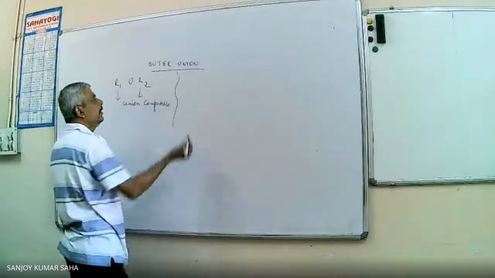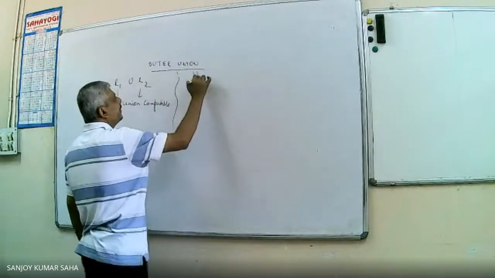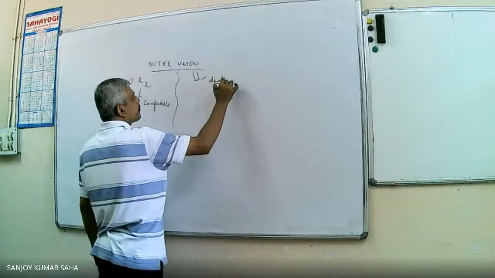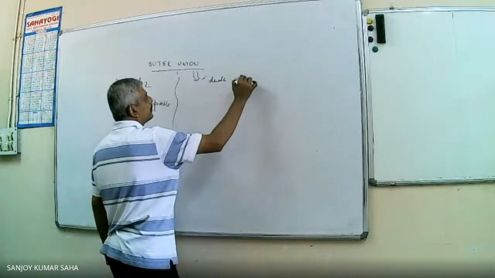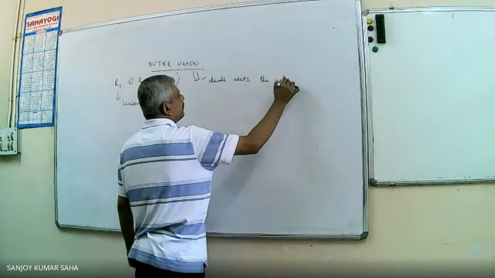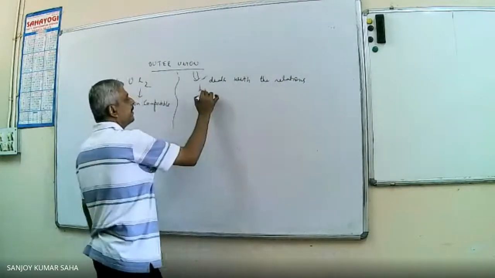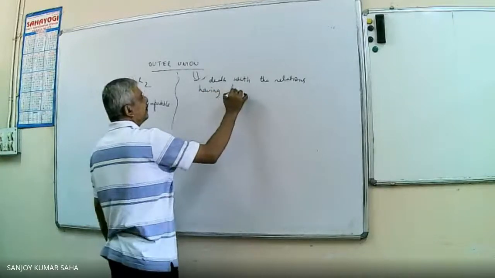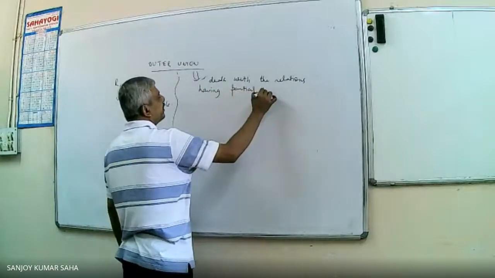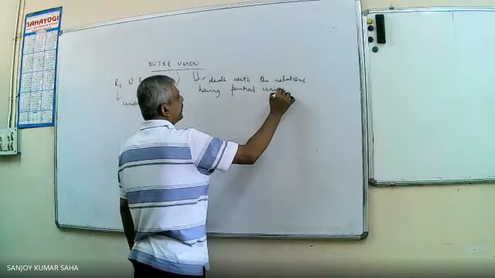Now, outer union deals with the relations having partial union compatibility.